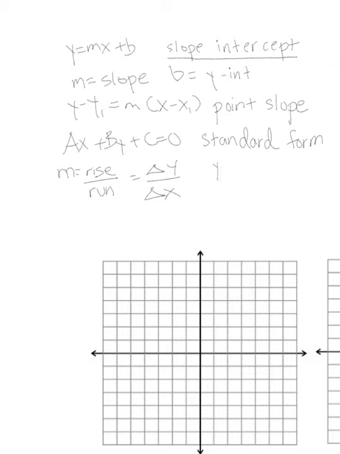And our form is y sub 1 minus y sub 2 over x sub 1 minus x sub 2. Or we can say y sub 2 minus y sub 1 over x sub 2 minus x sub 1. Both ways will work. Just remember, whatever point you use first on the top, you must use that exact same point on the bottom.